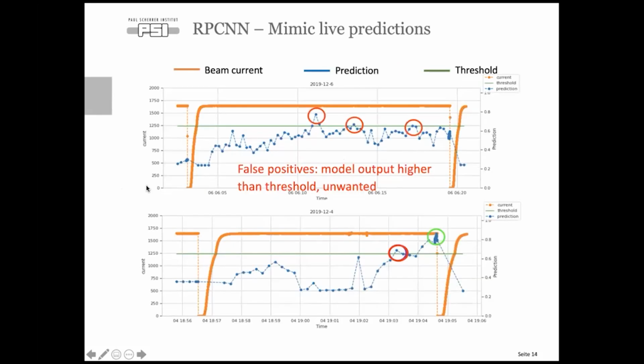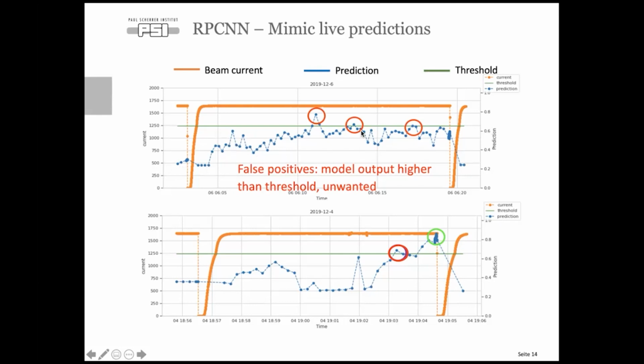We have the time in the real case. So this is the result we take from a day in 2019. The orange lines are the actual beam current, and when the beam current drops to 0, it means that there's an interlock. The blue line here is our model output.